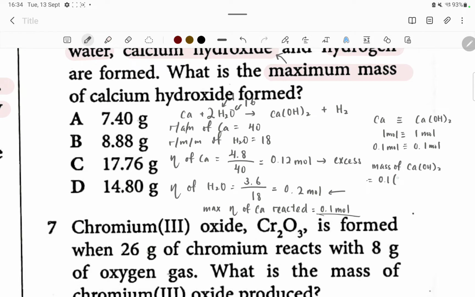So it's 40 plus 2 times OH, 16 plus 1, and then 0.1 multiplied with 74, you should get 7.4 gram as your answer. So the answer should be A.